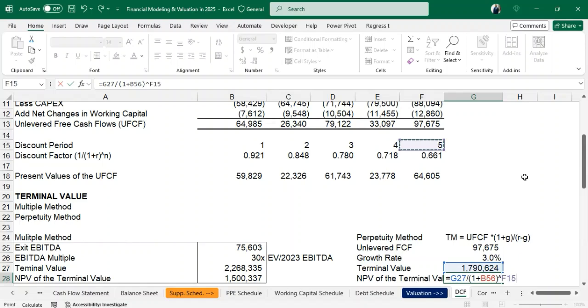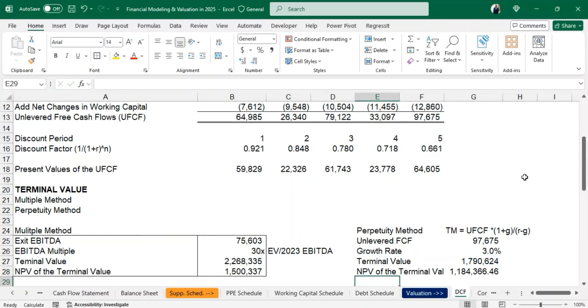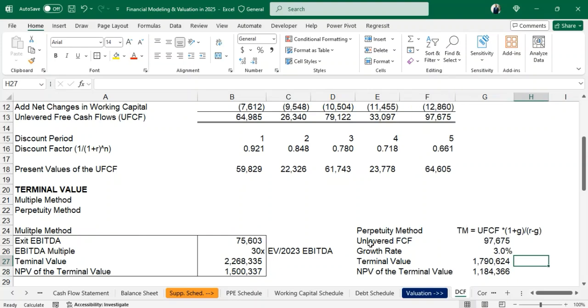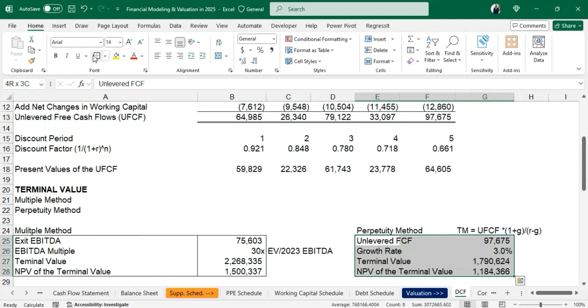Okay, and hit enter. And reduce the number of decimals to 0 right there. Okay, so quickly, let me put all of this in brackets, and this alone also in brackets.